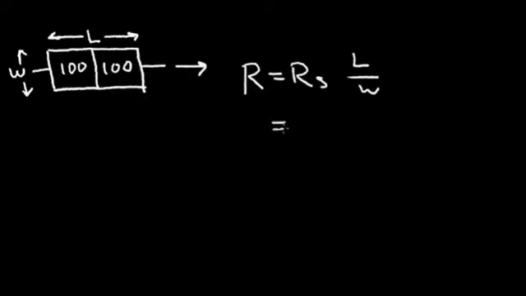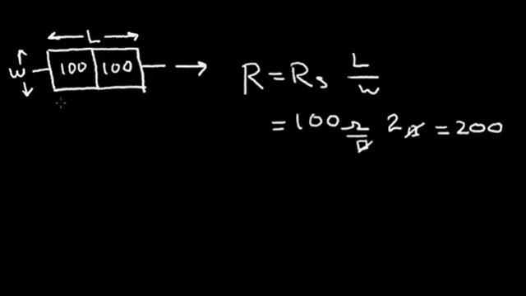And in this case, the sheet resistance is 100 ohms, and my length is twice the width. I have 2 squares. So this is 2, number of squares. This is ohms per square, sheet resistance, and I have 2 squares. So my squares cancel, and I have 200 ohms for the resistor.